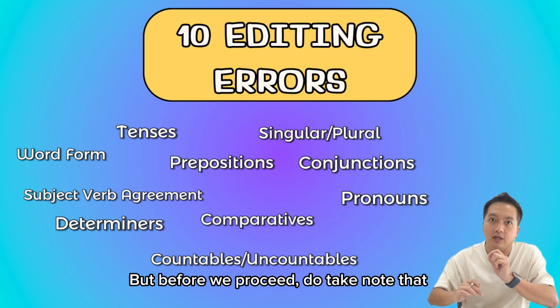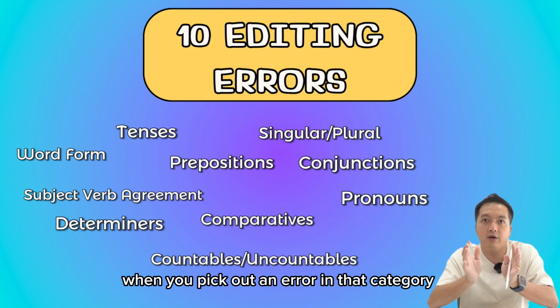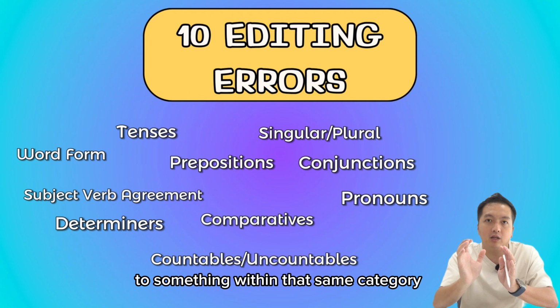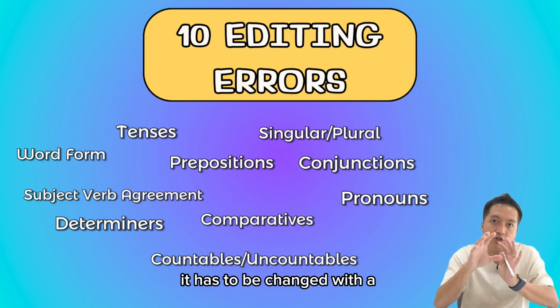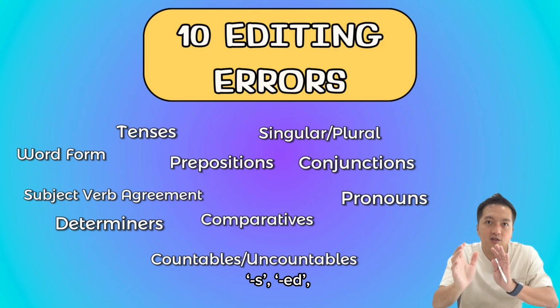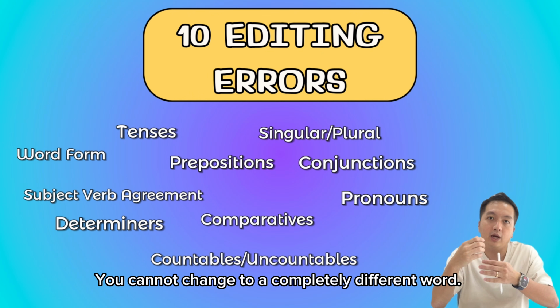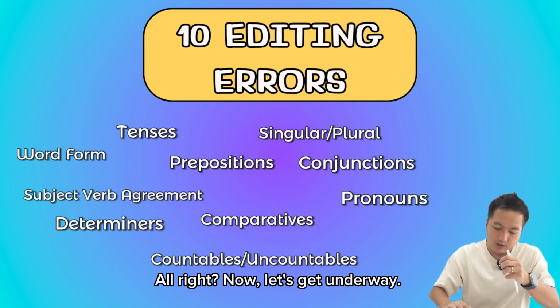But before we proceed, do take note that when you pick out an error in that category, you can only change to something within that same category. Meaning that if you're picking out something for tenses, it has to be changed with an S, ED, EN in that sense. You cannot change to a completely different word.